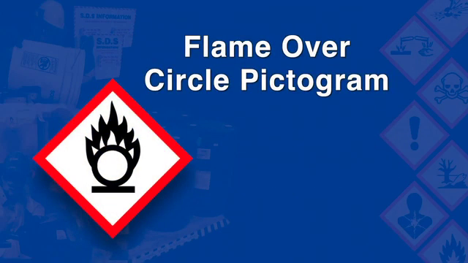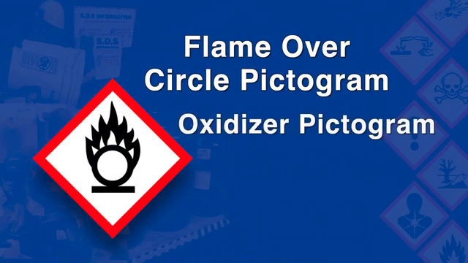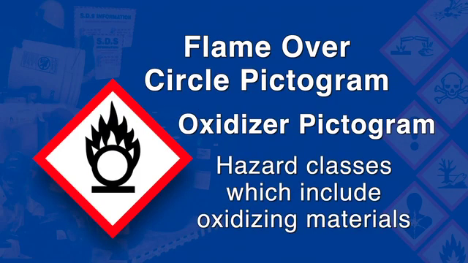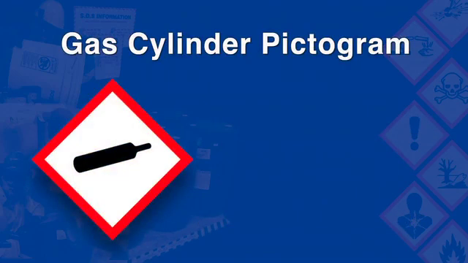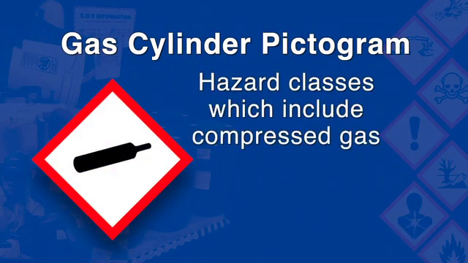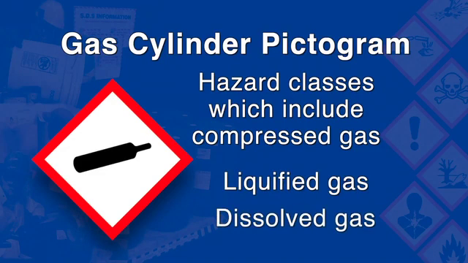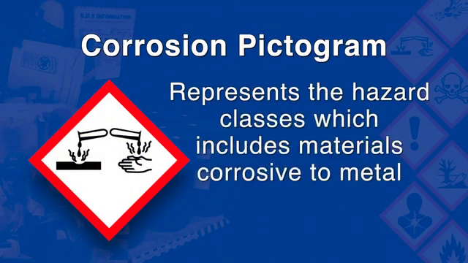The flame over circle, or oxidizer, pictogram represents the hazard classes which include oxidizing materials. The gas cylinder pictogram represents the hazard classes which include compressed gas, liquefied gas, or dissolved gas. And the corrosion pictogram represents the hazard classes which include materials corrosive to metal.